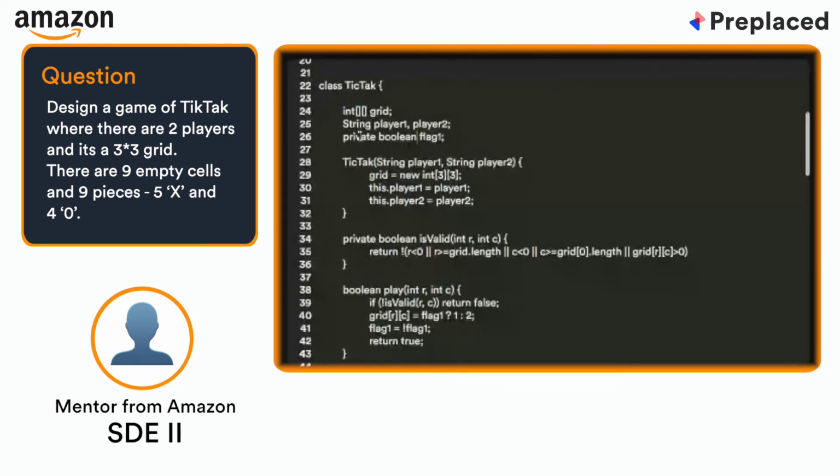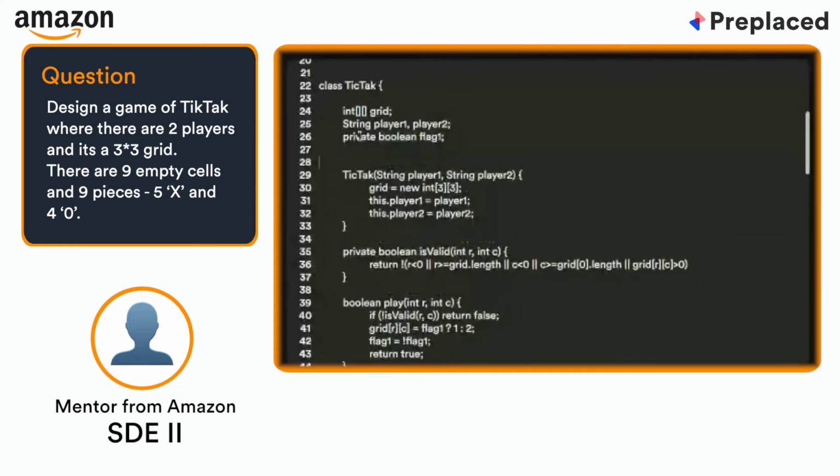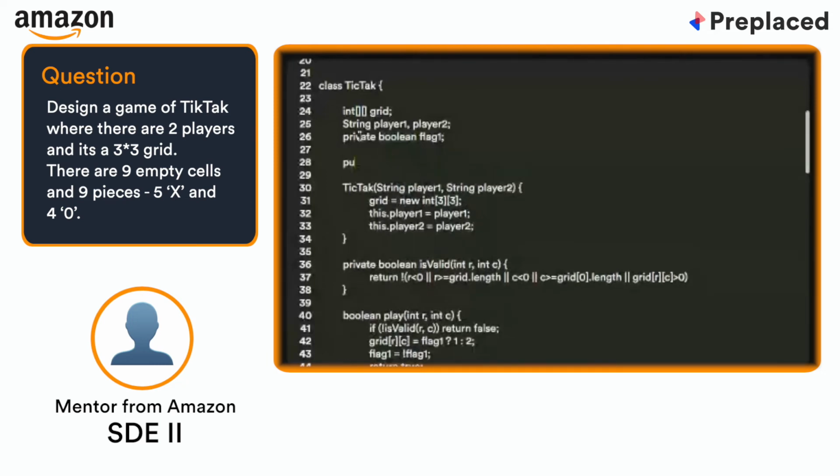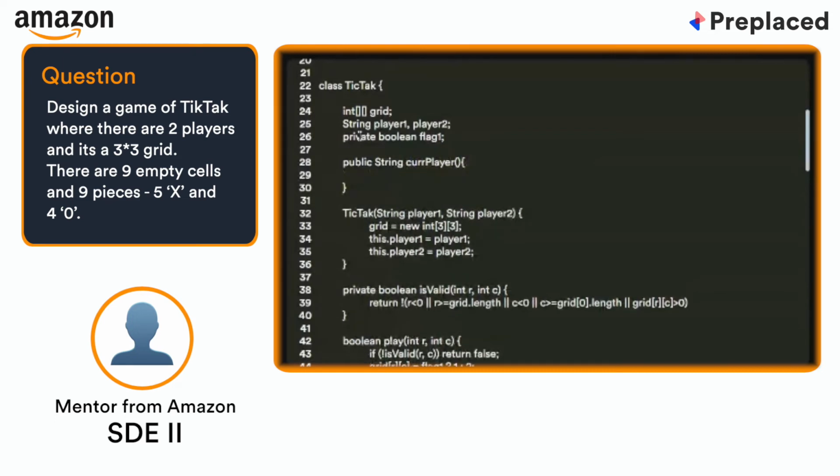And then I will be having my public string current player, so it will return the name of current player. So return flag one: if flag is one, I would like to return player one, or else I would like to return player two.